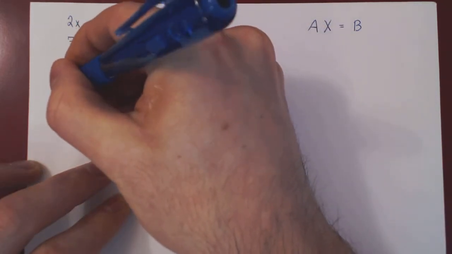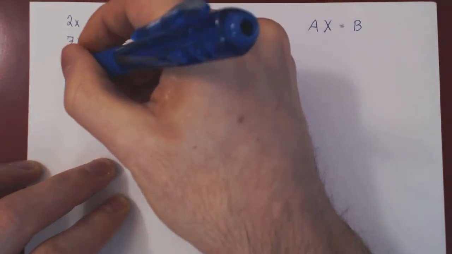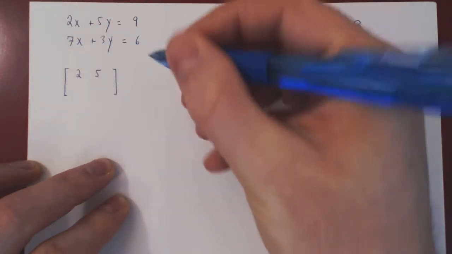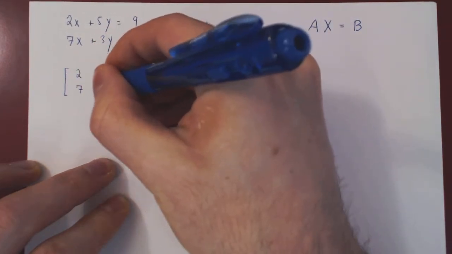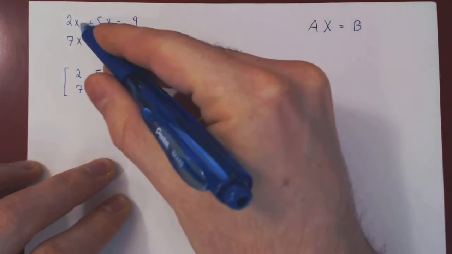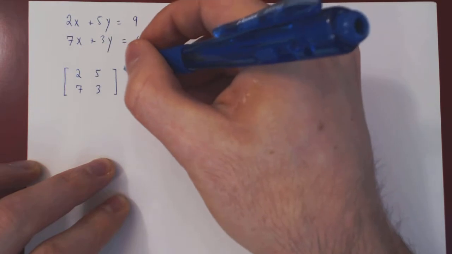Well, the first row 2, 5, the second row 7, 3, times, well, we need a column, and the entries of course would have to be x and y.